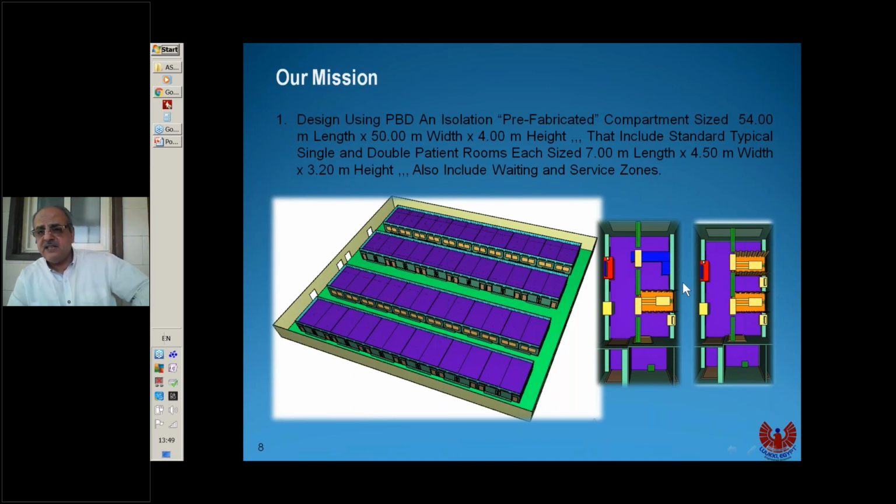The concept here is similar or nearly similar to laminar flow. All this compartment shall be installed on a raised floor. So we will have a supply air from this slot diffuser, and we will collect the air, whether we use it as exhaust or it will be returned after being sterilized, but it will be sucked through the raised floor.